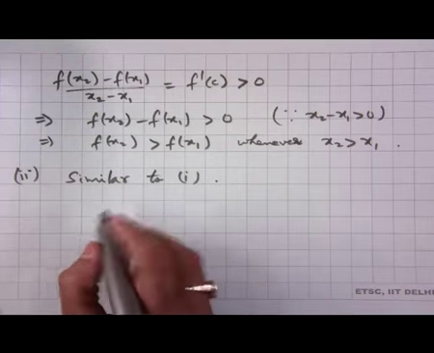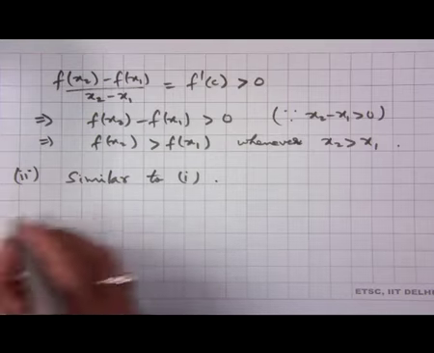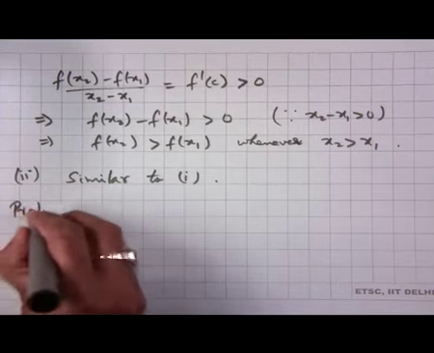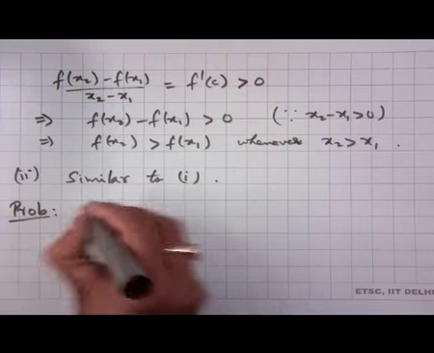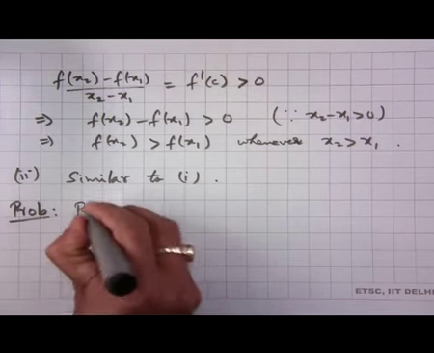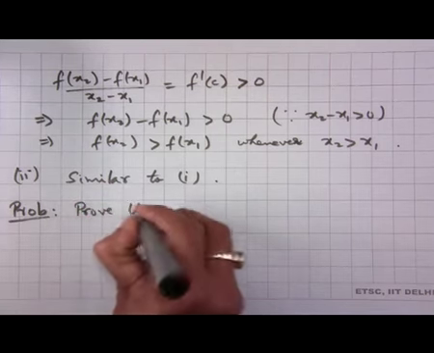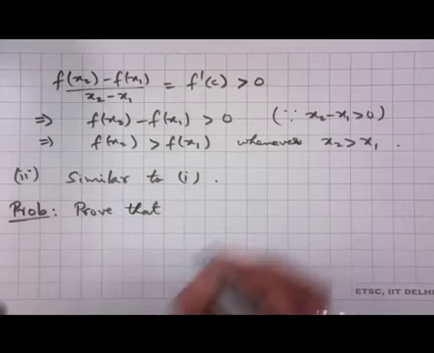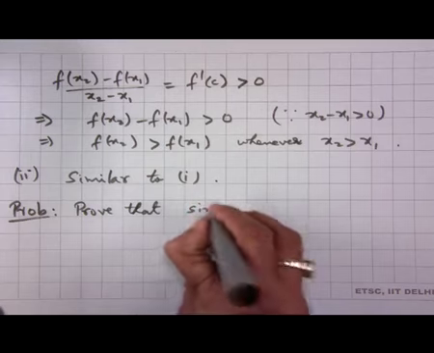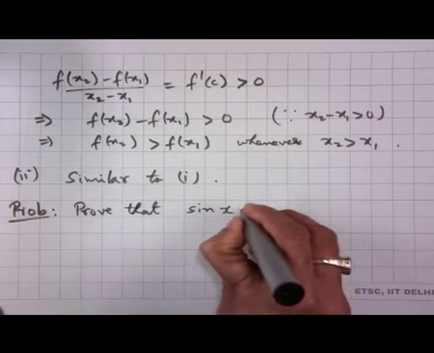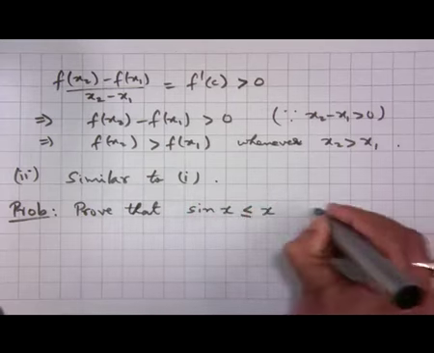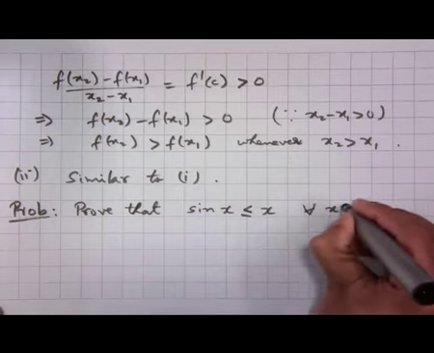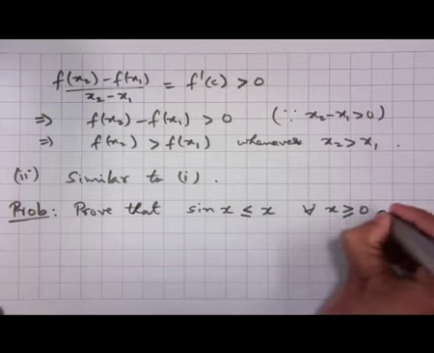So, now let us try to use this to prove some inequality. Problem: prove that sin x is always less than or equal to x for all x greater than or equal to 0.